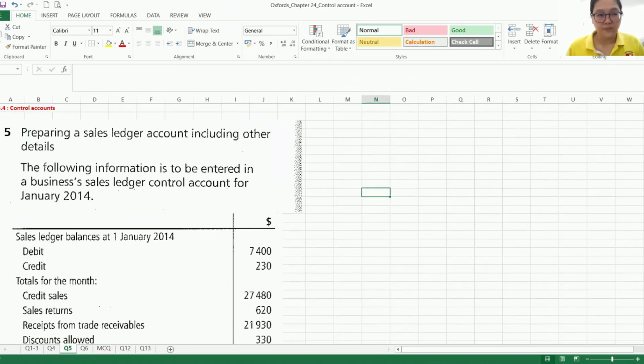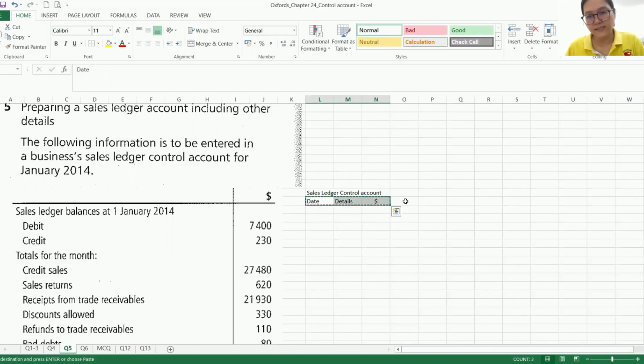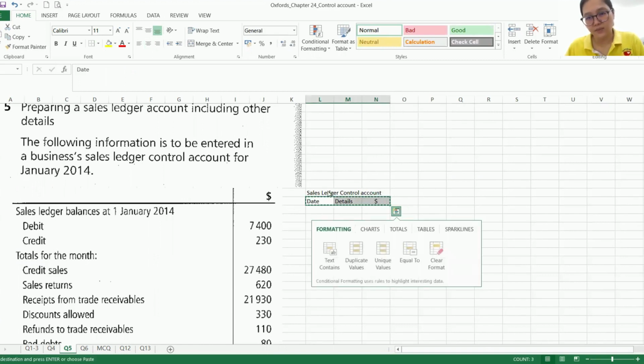Okay, now we prepare this sales ledger control account. Same thing, six columns: date, detail, and the dollar sign. In the exam, this format will be given to you.